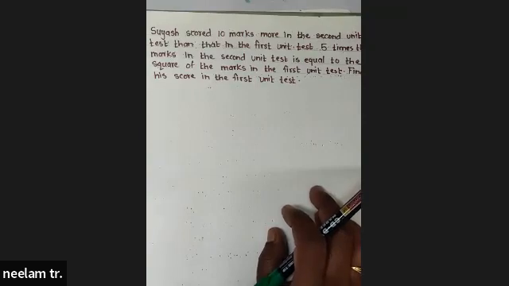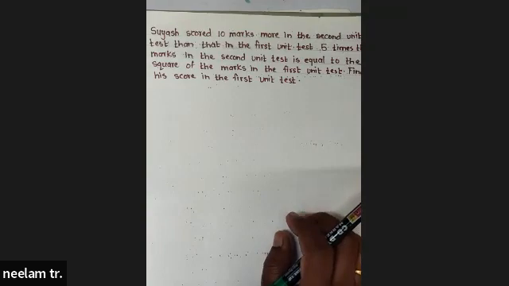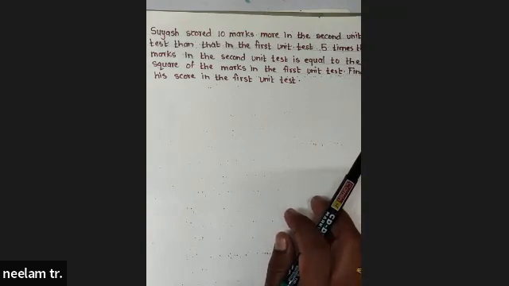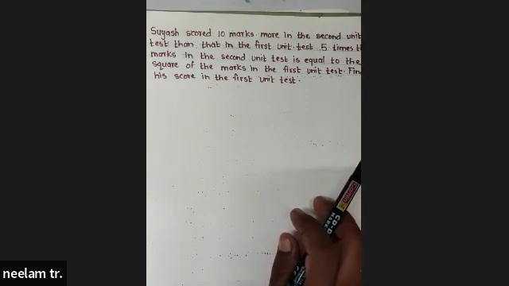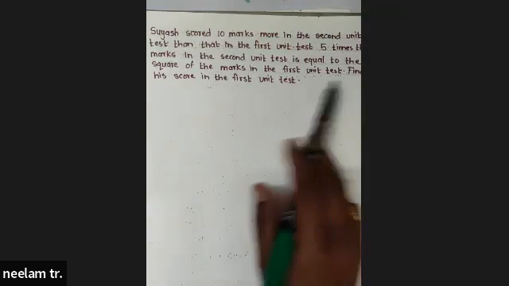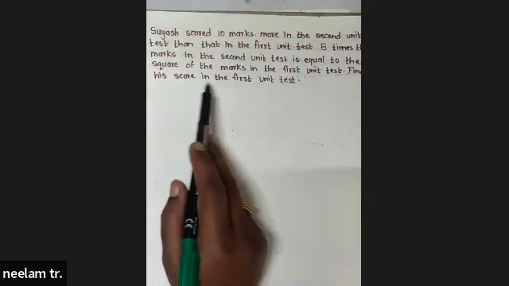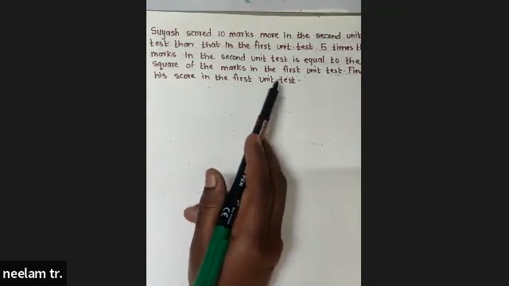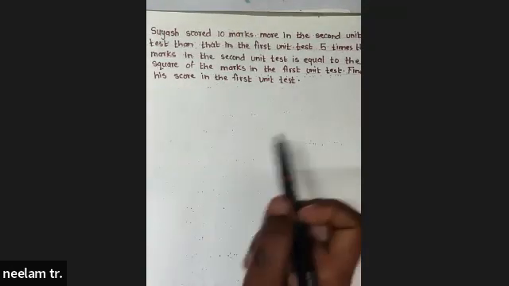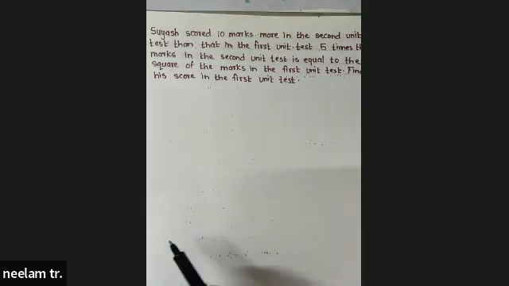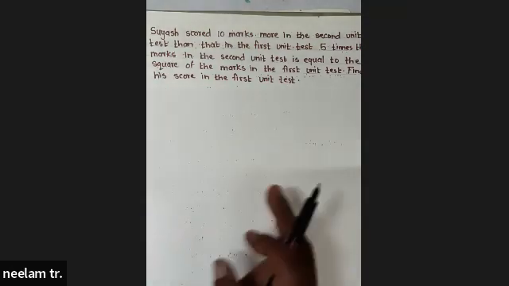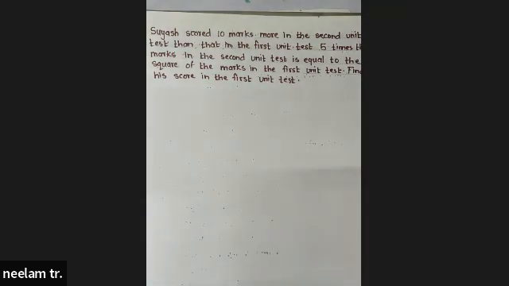First, your first job is to find out what x is, what I need to find. Everything is dependent on this x. Find his score in the first unit test. So let me take x marks in the first unit test.